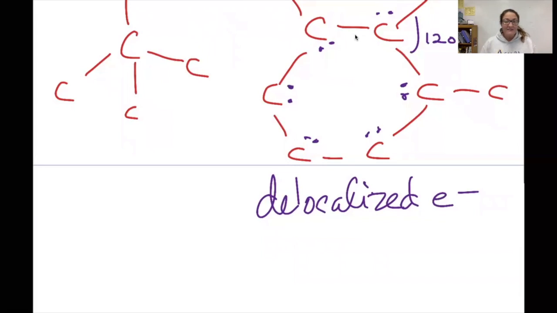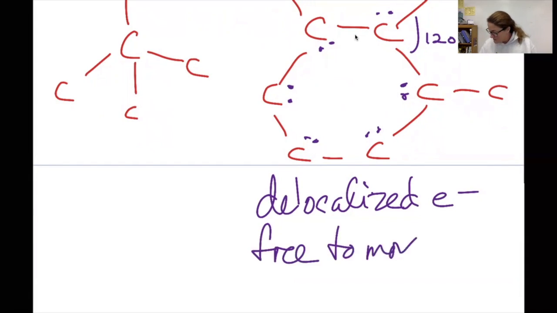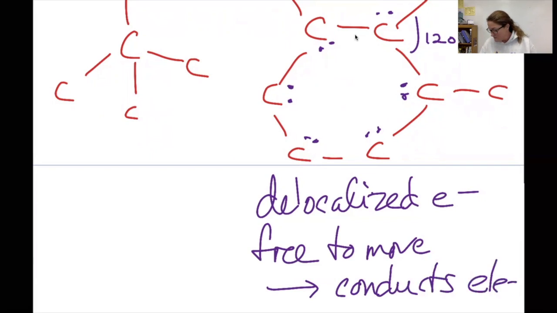A delocalized electron is free to move through the structure. And therefore it conducts electricity. Diamonds don't have electrons that can move through the structure, therefore it can't conduct electricity. So one of the major differences there, the conduction of electricity, is explained by the delocalized electrons.